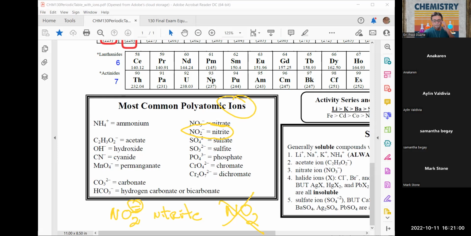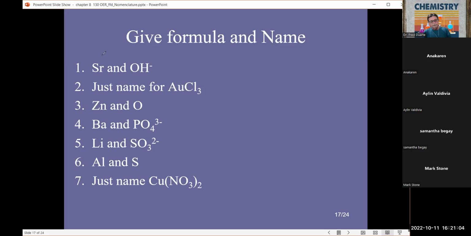So here we're using the hydroxide. So we know that this is a +2. This is a -1, the hydroxide, which tells us that we need 2 of the hydroxide polyatomic ions to cancel out the +2 of the strontium. Now, since we need 2 of them, that tells you that you're going to need parentheses to encompass the OH negative and the subscript 2.